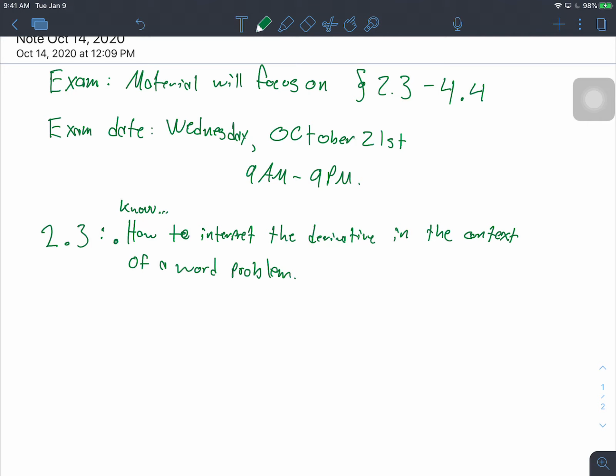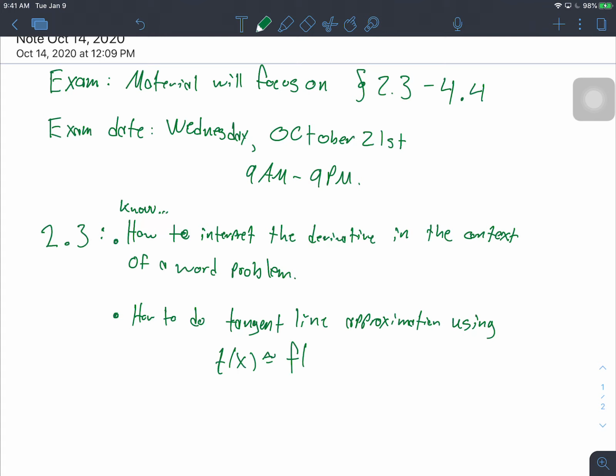You also need to know how to do tangent line approximation using the formula: f of x is approximately T of x, where T of x is given by the equation f of a plus f prime of a times x minus a.